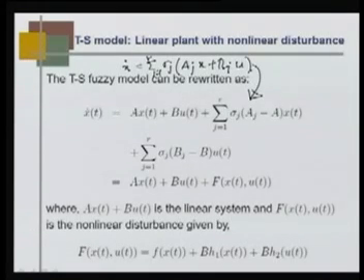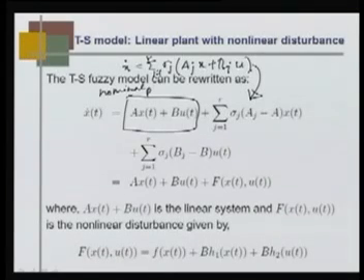I can always write this plant as A x(t) plus B u(t). This is the nominal plant, and once I separate this as a nominal plant, how do I write that? In the term summation sigma j Aj x, I have to subtract A x(t), so summation sigma j Aj minus A times x(t). I subtract that, with j equal to 1 to r.